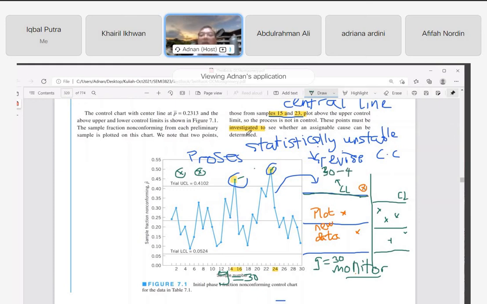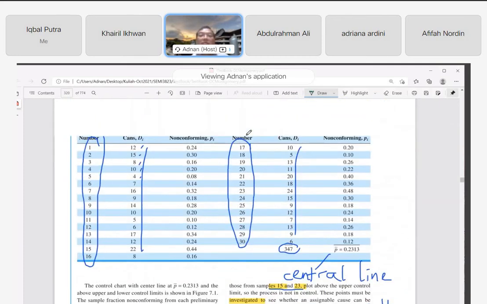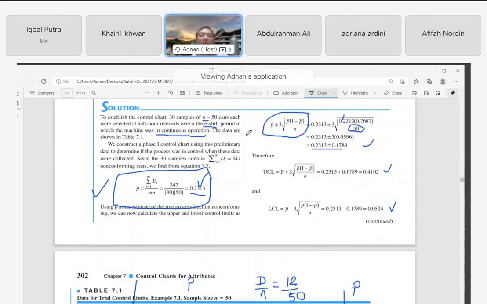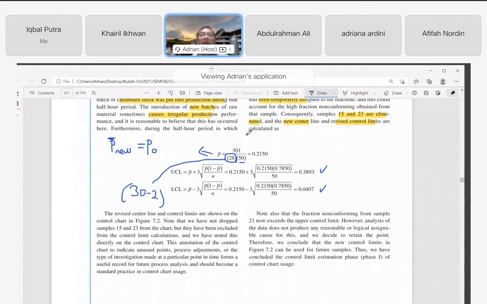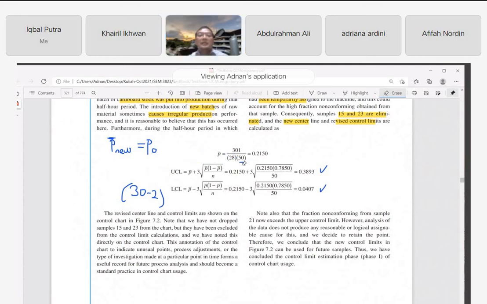In the formula here, you need to remove this point. So this becomes 30 minus 4, if there are 4.